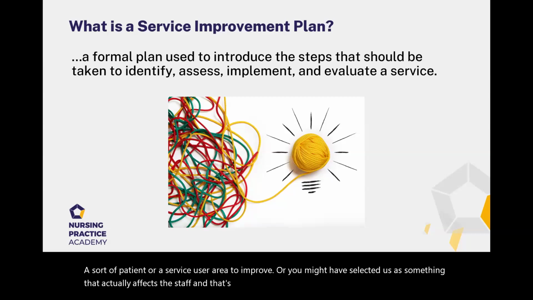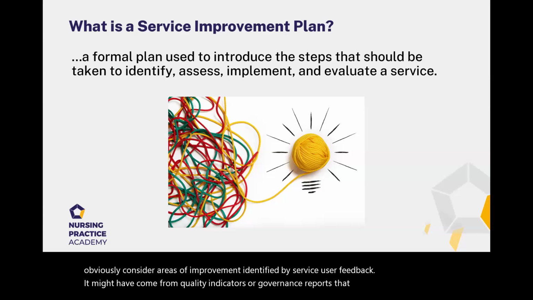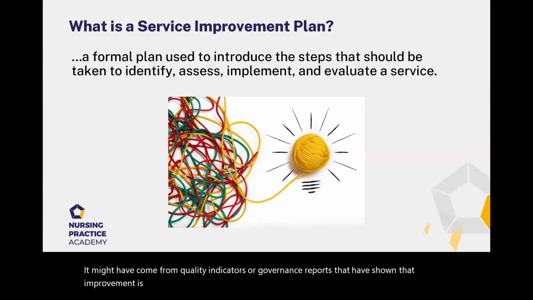Either is fine. It could be developed to consider areas of improvement identified by service user feedback. It might have come from quality indicators or governance reports that have shown that improvement is needed. It might have come from topics within the programme that you feel could be expanded upon within your area of work.